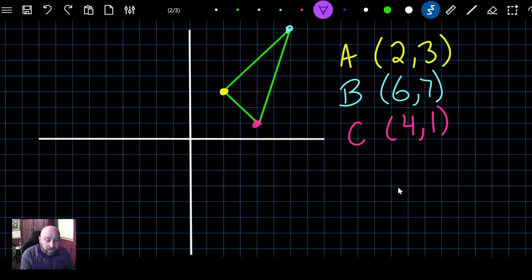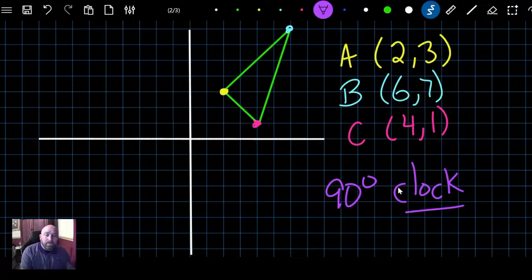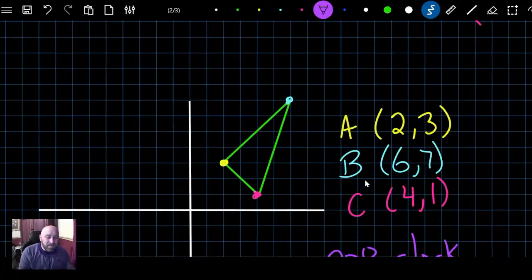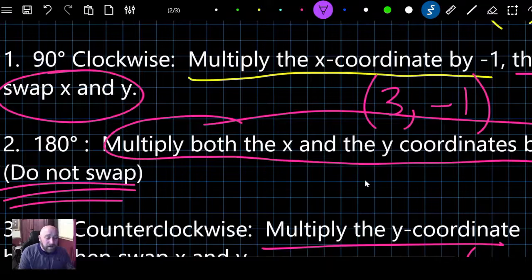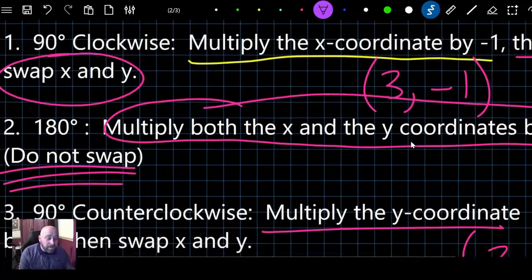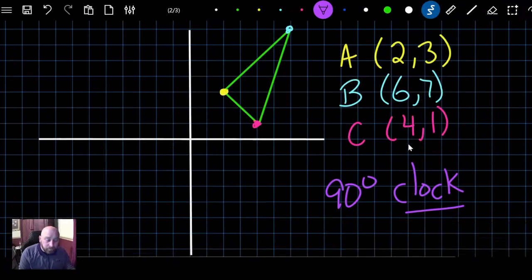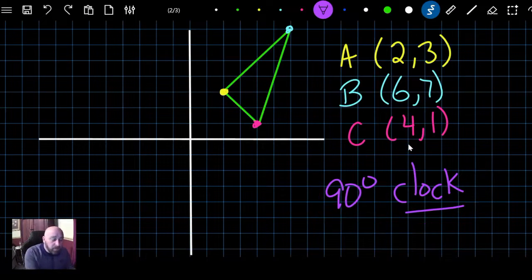So we're doing 90 degrees clockwise, okay? And so what we need to do is go back up to our steps, don't we? I marked all over these steps, but the first step was multiply by -1 and then swap. That's the way we do these 90 clockwise. Multiply by -1, then swap.